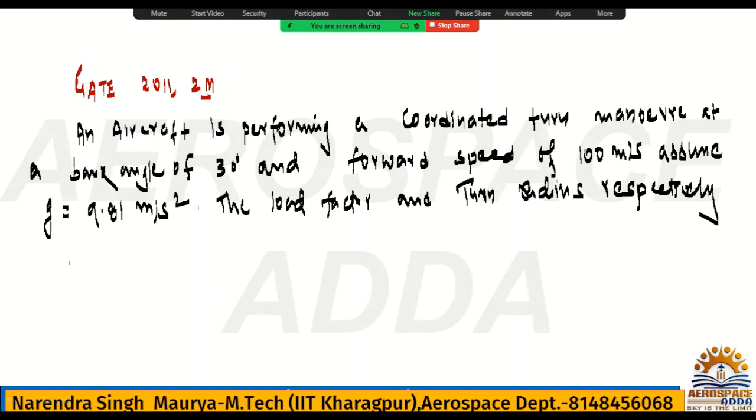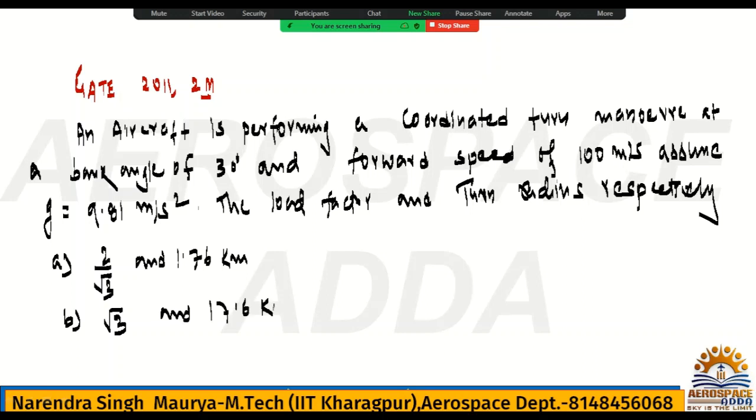Option A is 2 by root 3 and 1.76 kilometer. Option B, root 3 and 17.6 kilometer.